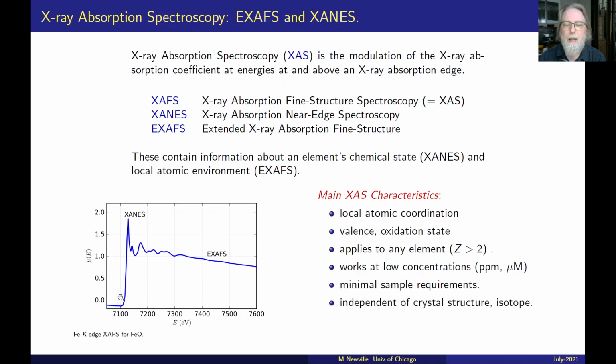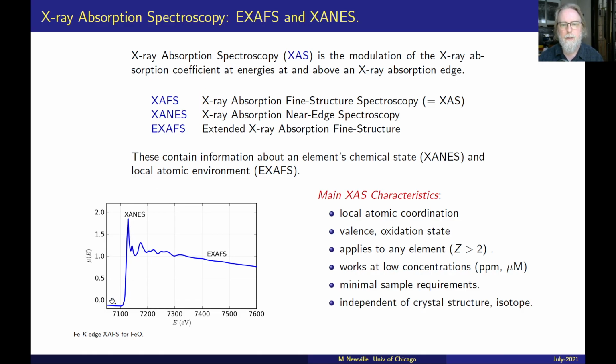And in addition, right at those core levels, we have X-ray absorption spectroscopy, which will be the focus of much of the discussion in this series. X-ray absorption spectroscopy is the modulation of the X-ray absorption coefficient, that mu value, at energies just above that core level excitation.